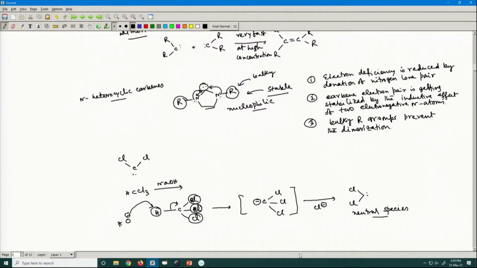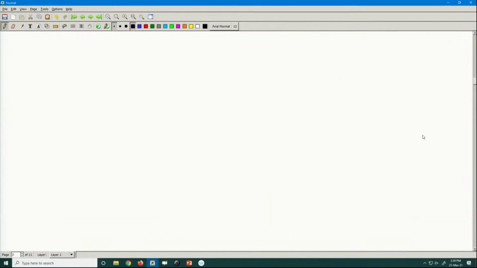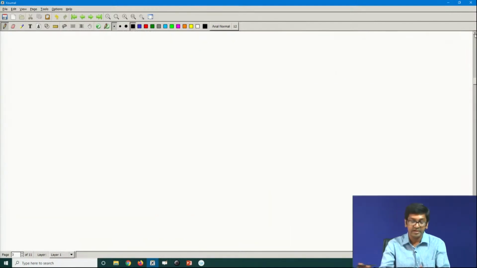Okay. In another question, some student asked about chemoselective reactions. Though it is not much related to these carbene things, I still would like to address this: what are chemoselective reactions, and somebody is also asking about regioselective reactions. Obviously, regioselective means region specific.